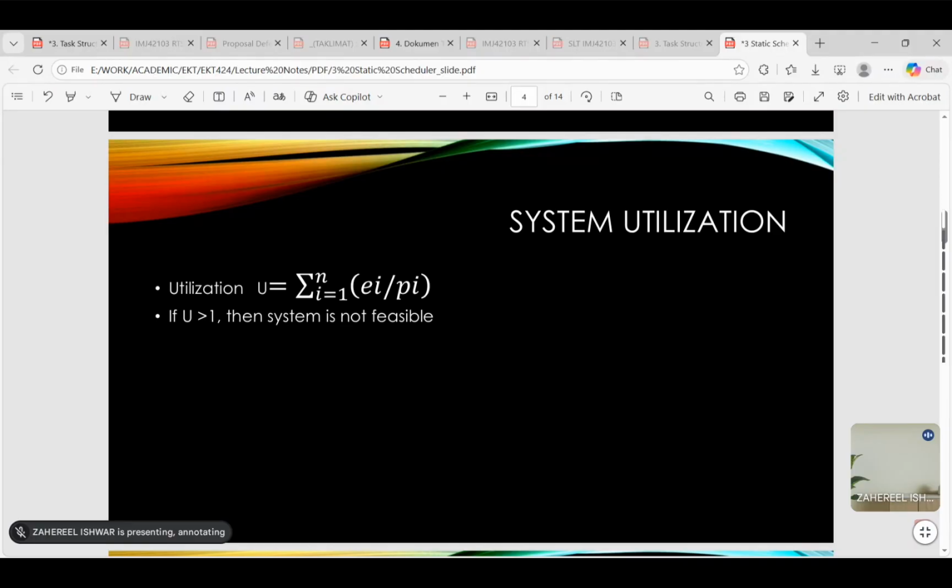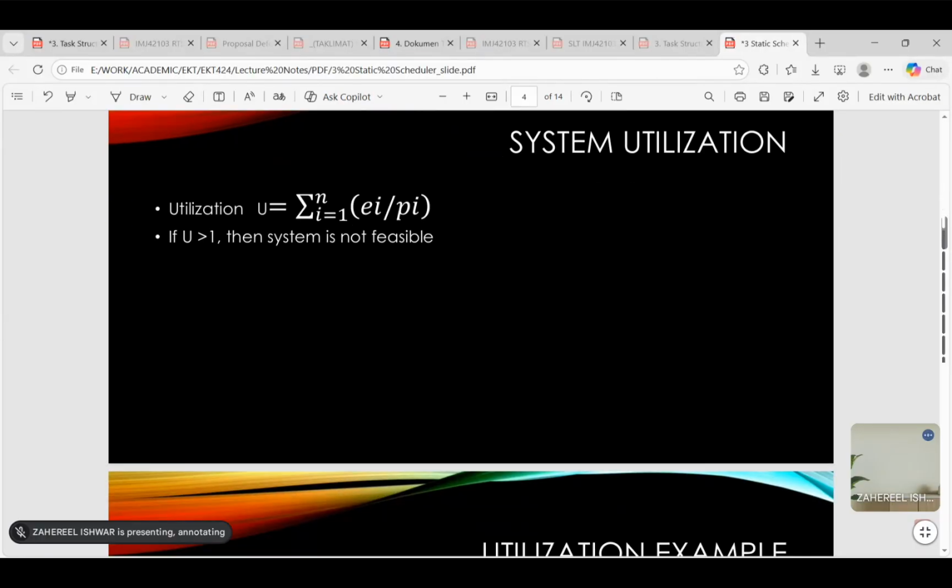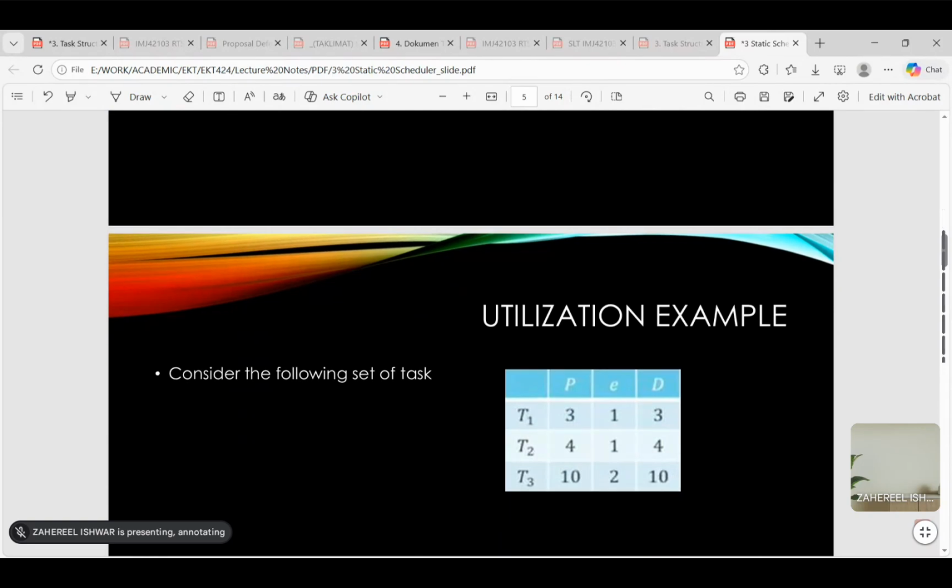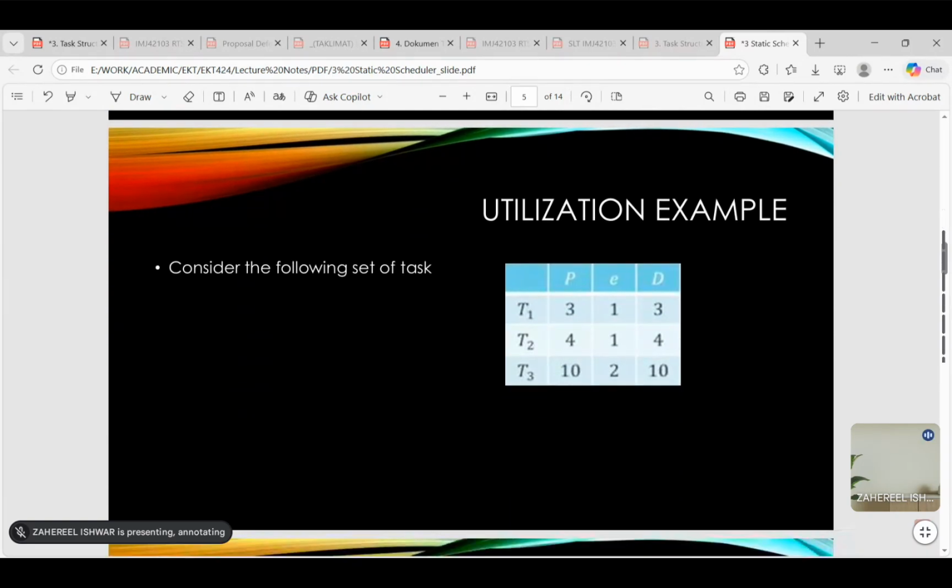Because greater than 1 means more than 100% usage of CPU, which is illogical for a single processor. And note that our discussion is always on a single processor, unless mentioned otherwise in any specific case. Okay. Now look at this particular example here. Consider the following set of tasks. We have 3 tasks. Period is given, execution time is given, and relative deadline is also given.